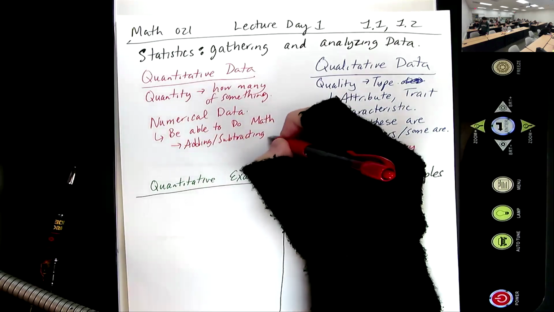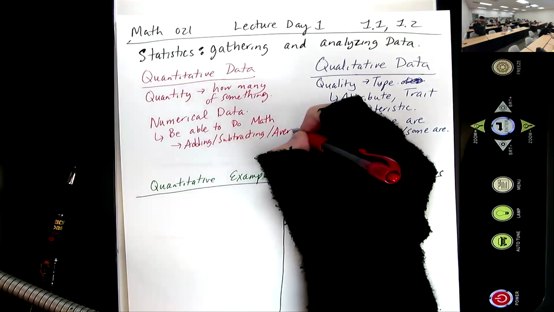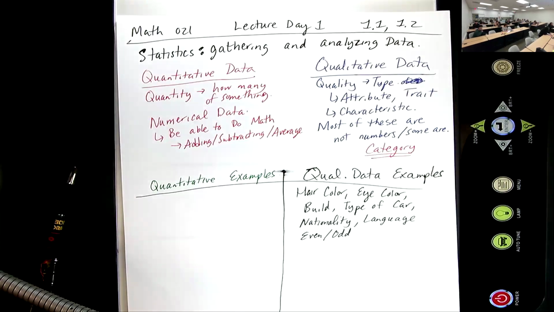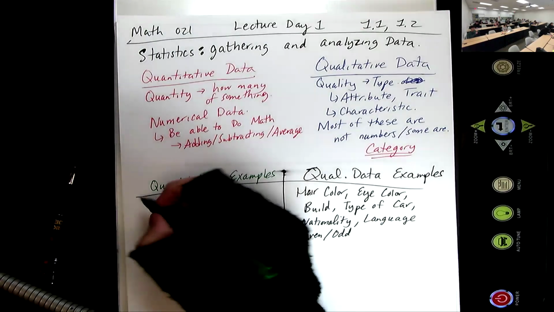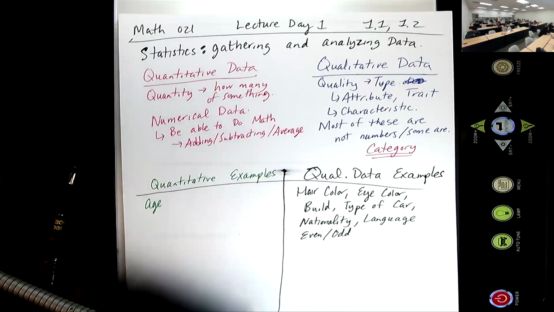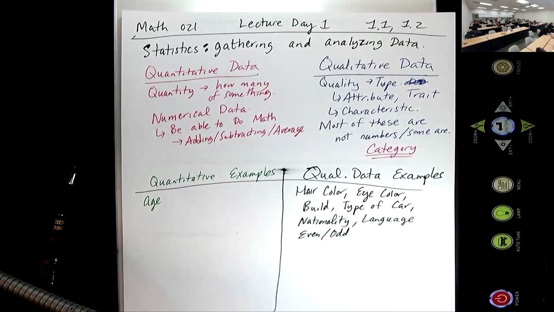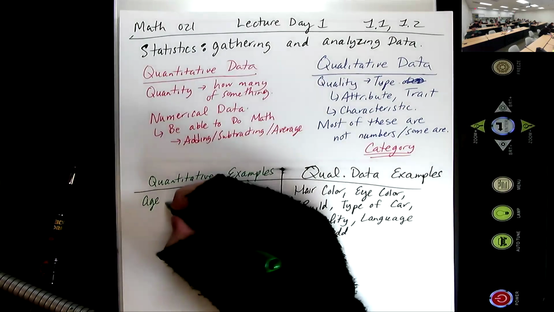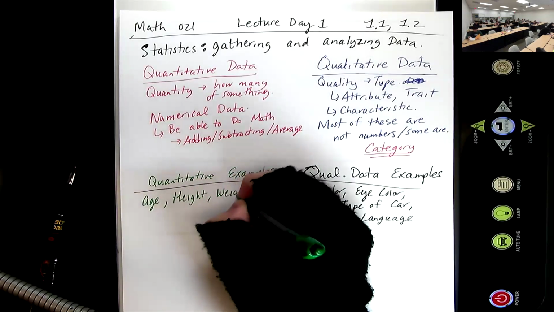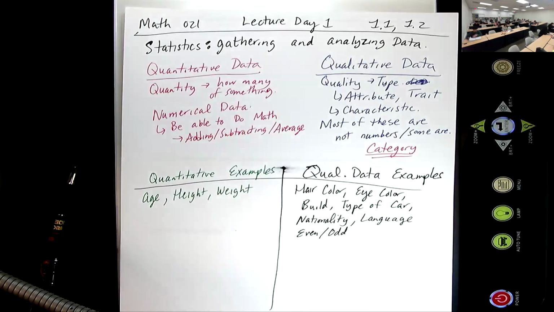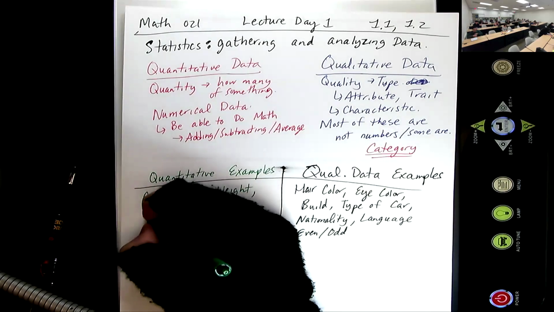Averaging. Taking the average of something should make sense. Like age, I could take the average age in this room. I could do the average height, or weight. We could do distance driven to school.